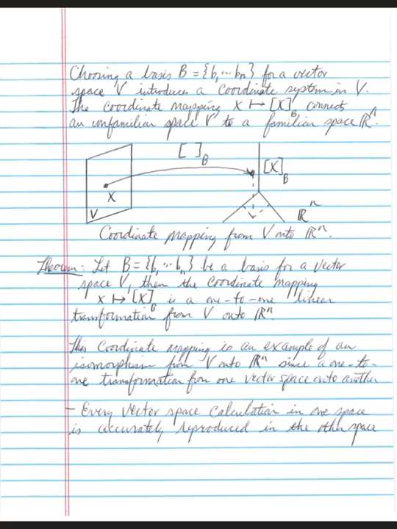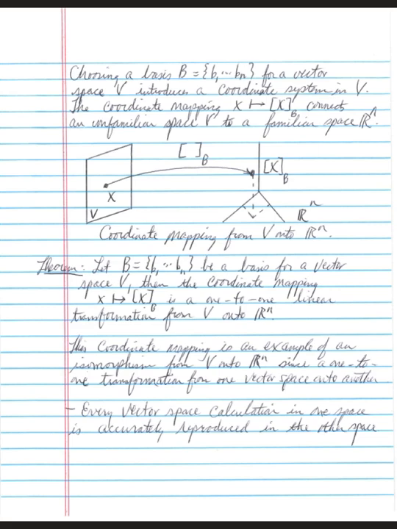Theorem: let B be a basis for a vector space V. Then the coordinate mapping X to X sub B is a one-to-one linear transformation from V onto R^n. So everything in V corresponds to a single X sub B in R^n.